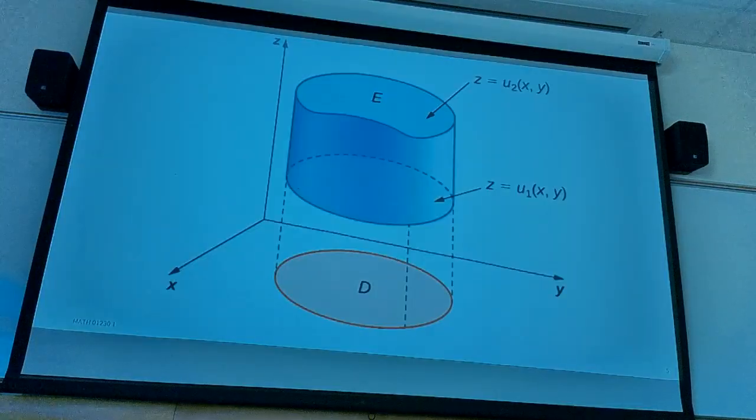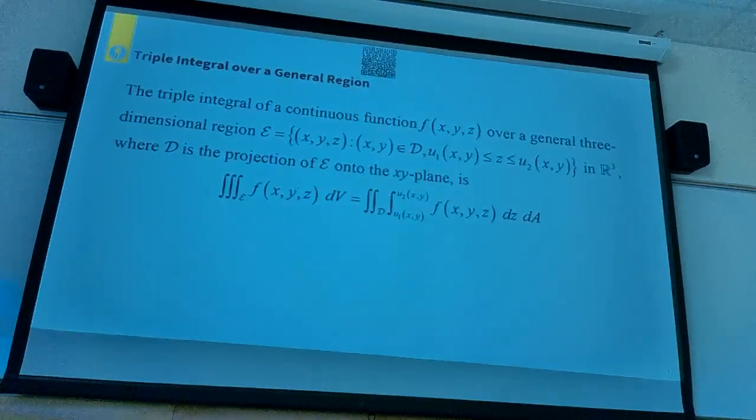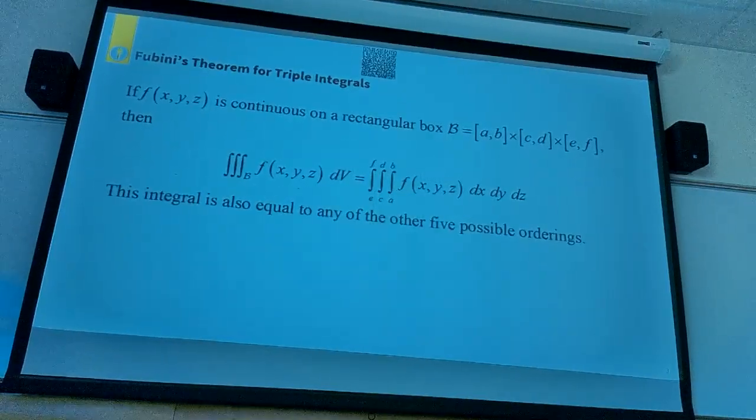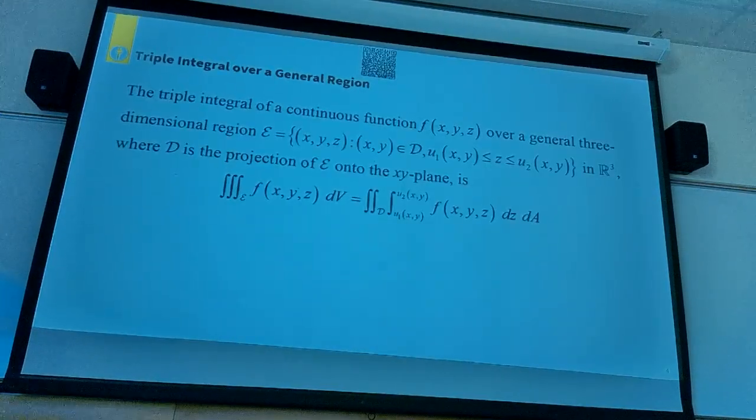Pictorially, this is what's happening. Now again, they set it up as dz dA. It doesn't have to be. You could look at a projection onto, for instance, the yz plane, and then have x be between functions of y and z.